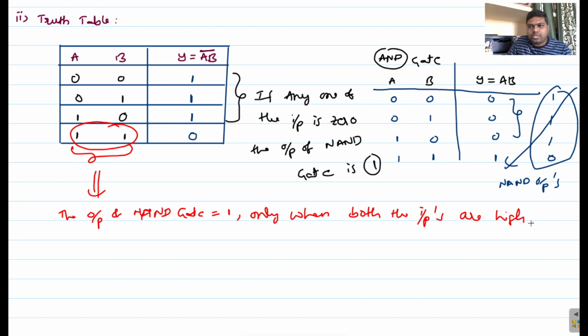If both the inputs are high, the output of the, sorry, this is 0, right? The output of the NAND logic equals 0. If both the inputs are high, the output of the NAND gate equals 0.